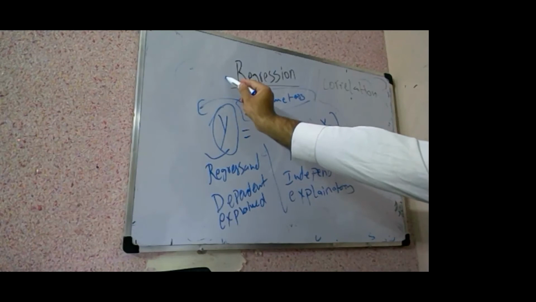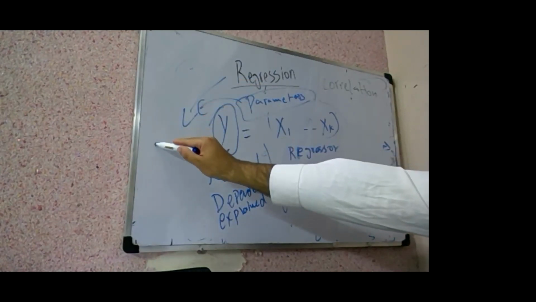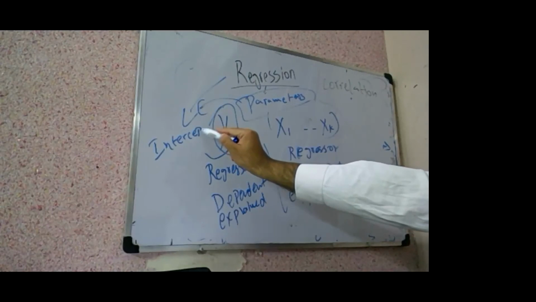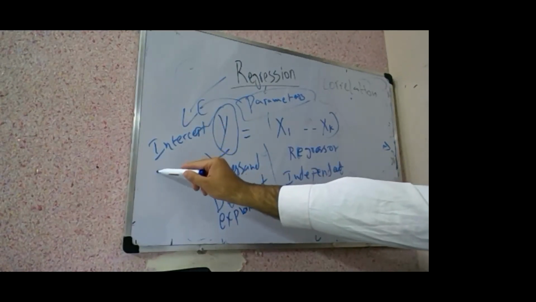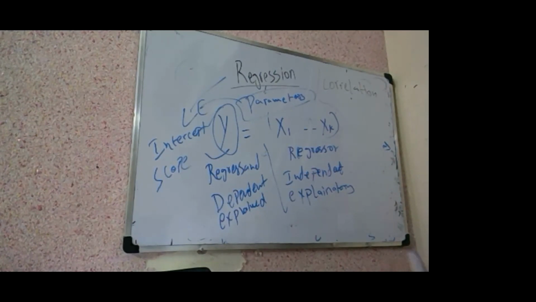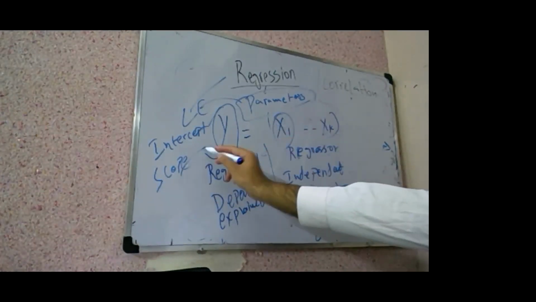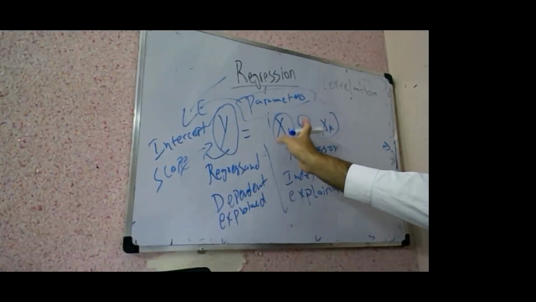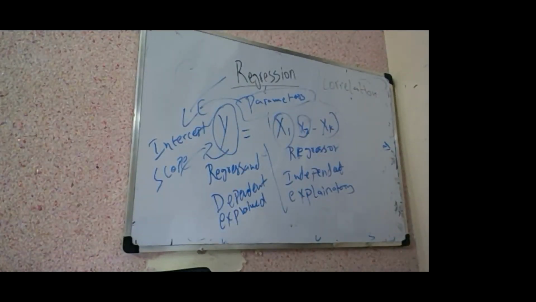So in regression, there are two parameters. One is the intercept, which we will talk about a little bit, and the other is the slope. The slope of each variable is different: x1 has a different slope, x2 has a different slope, and xk and y have a different slope. So there's another concept which shows the relationship.